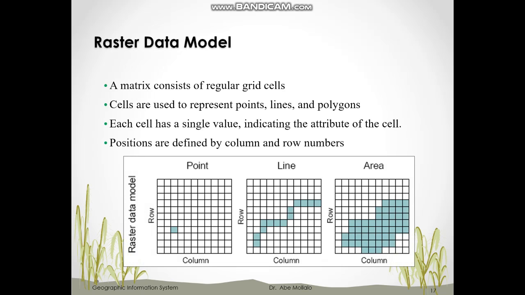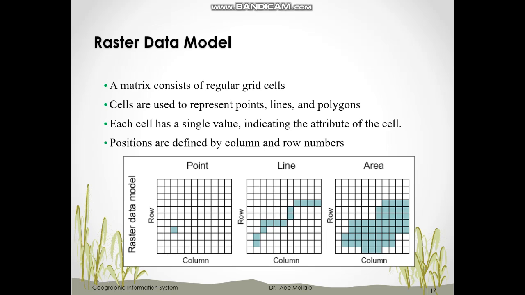Each cell can have only a single value as the attribute of the cell, and different attributes show different geographic features. The positions of geographic features are defined by column and row numbers in the grid, and it starts from the lower left corner.